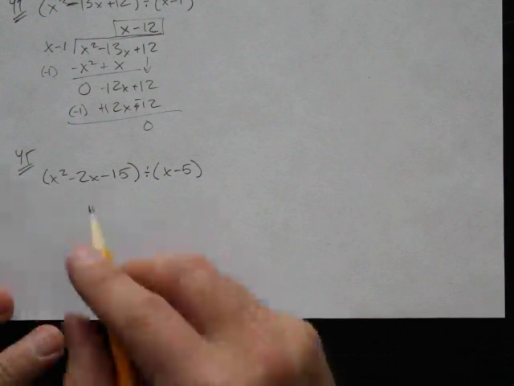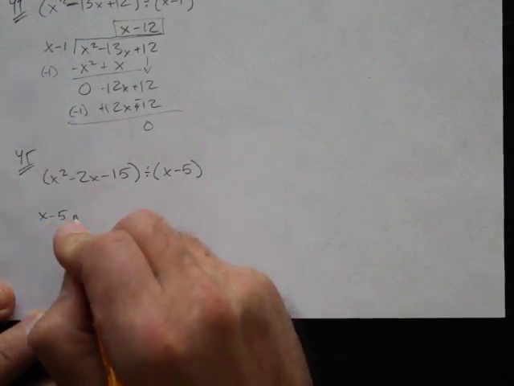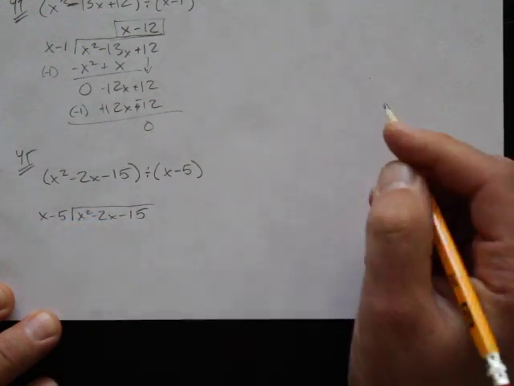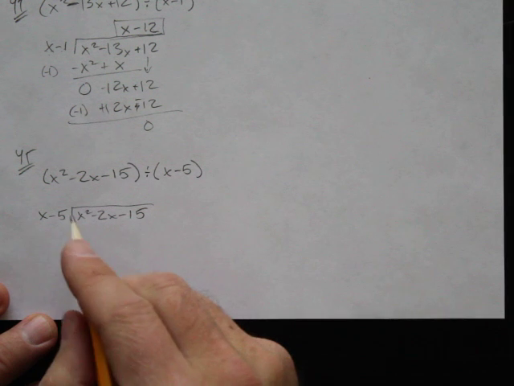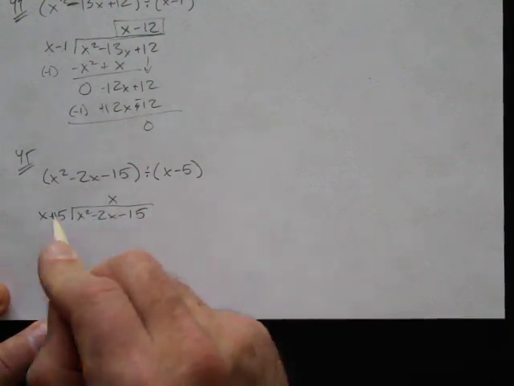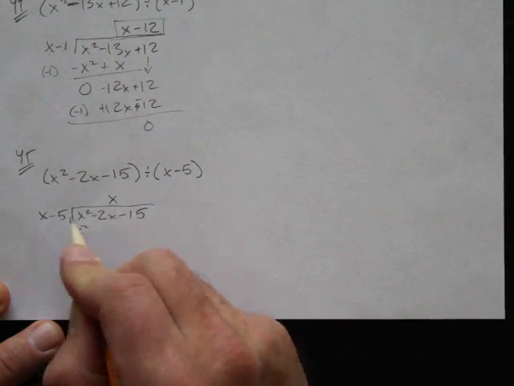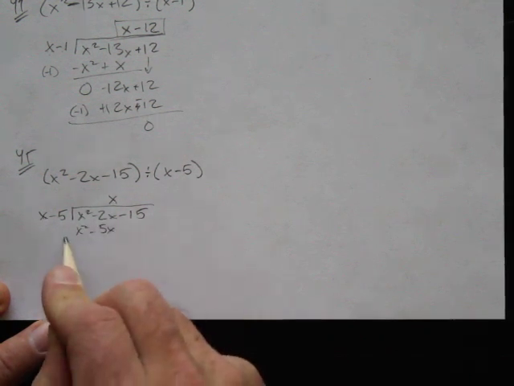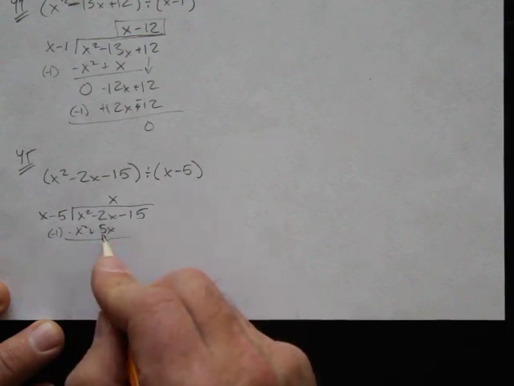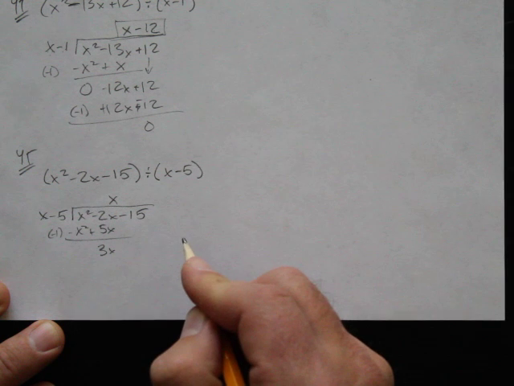All right, let's see how you did. x minus 5 and x squared minus 2x minus 15. What do I multiply by this to get to this? It is an x. x times x is x squared. x times negative 5 is negative 5x. Multiply by negative 1, and I get 3x here.